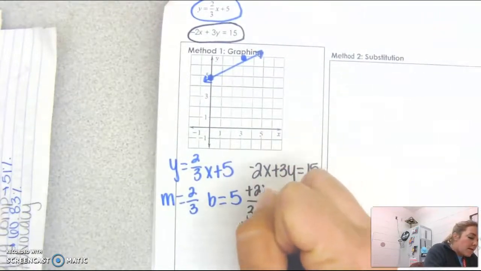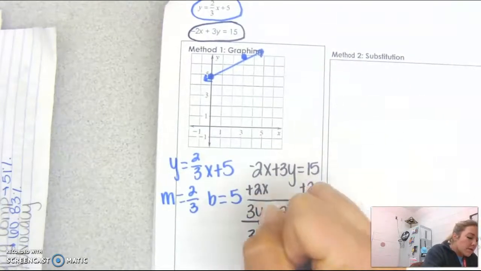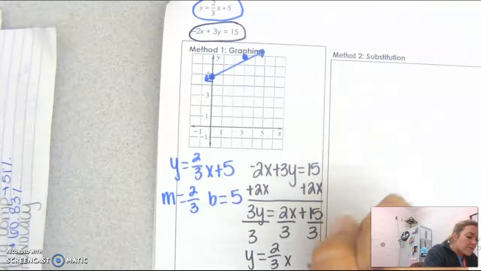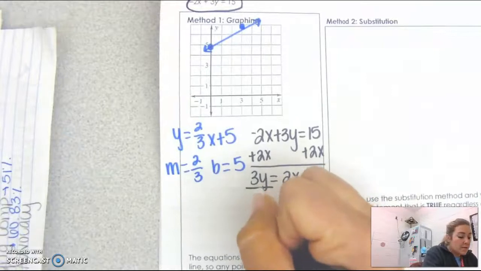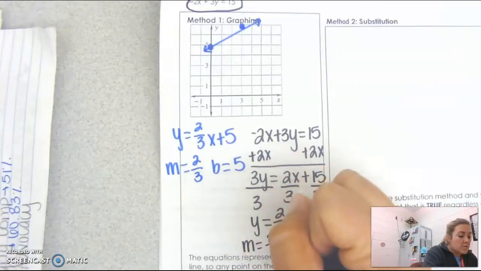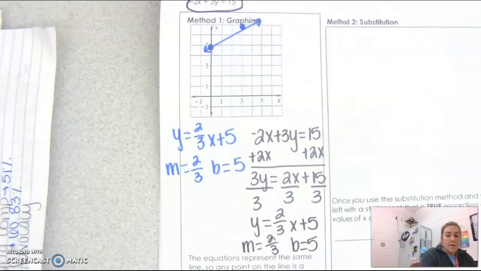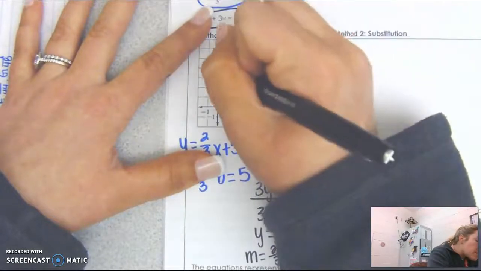Then I divide everything by 3, and I get y equals 2/3 x plus 15 divided by 3, which is 5. So if you notice, again, my m is 2/3 and my b is 5. That's going to be the exact same line.